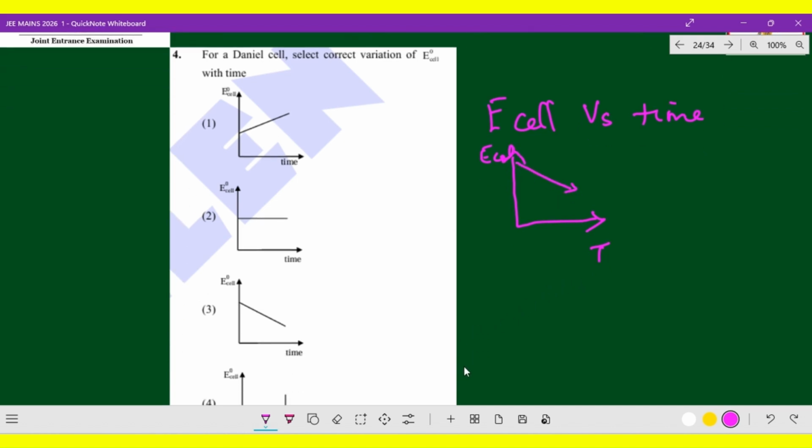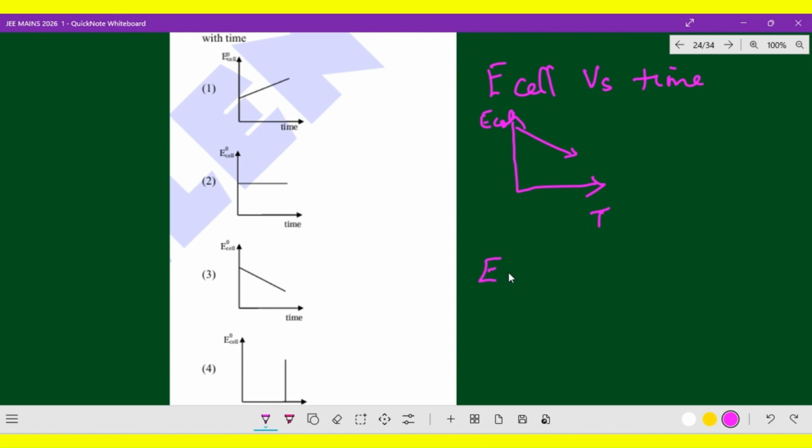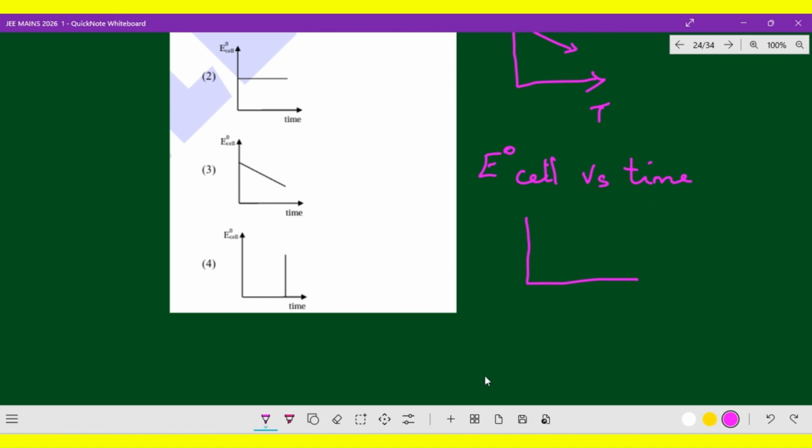Whereas E naught cell versus time, the slope will go horizontal. That means it is constant. So this is time and E naught cell, a horizontal straight line. So this is E naught cell versus time.